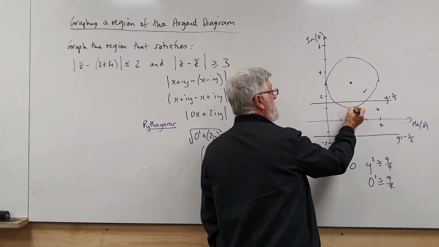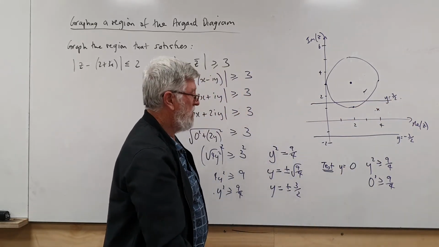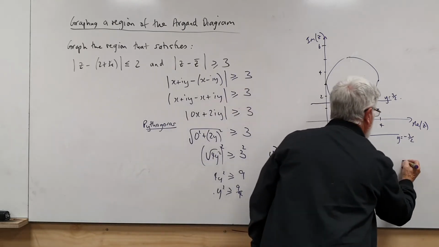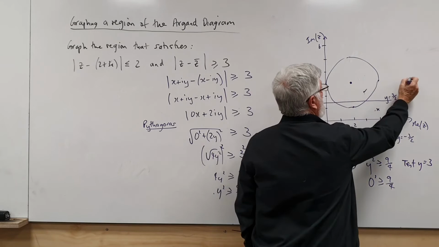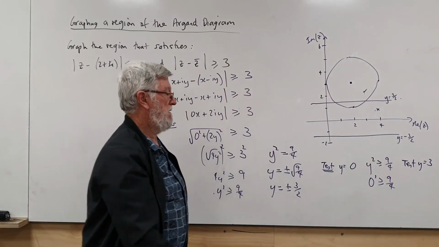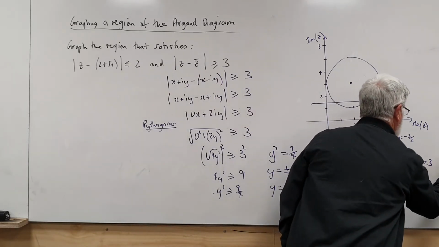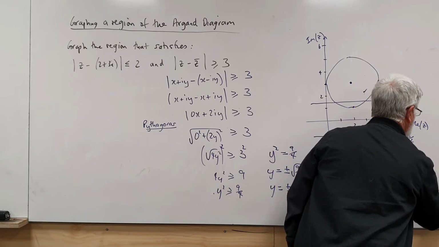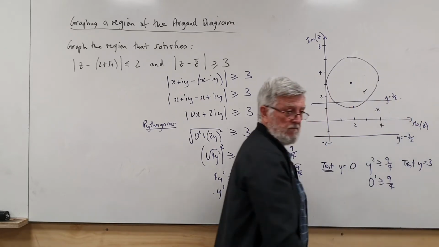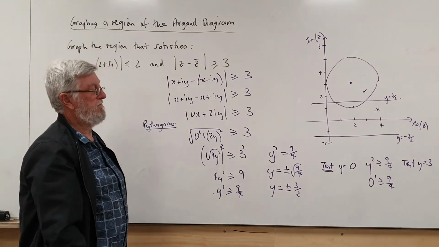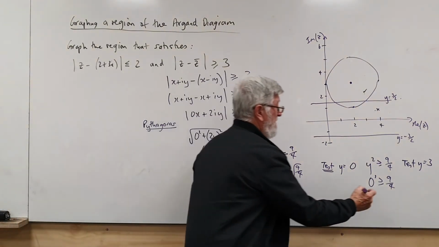How do I find which ones are true? What can I test now? Let's test y equals 3. So we're going to test all these points across here as y equals 3. Now we have 3 squared greater than or equal to 9 on 4. So is 9 greater than or equal to 2 1/4? Yeah. I'm going to go nutty for a second.